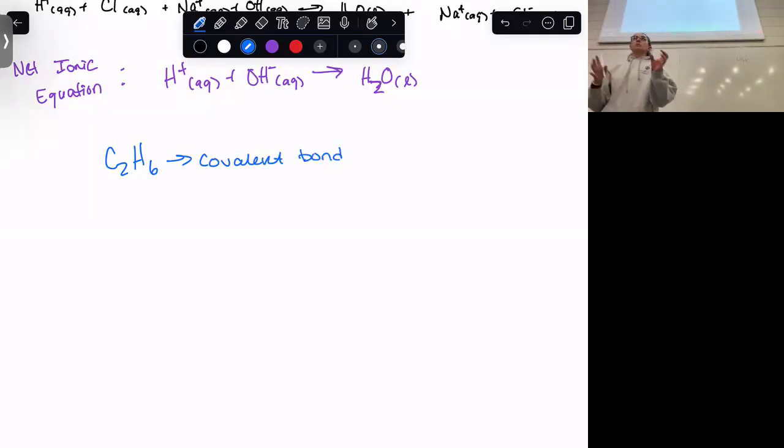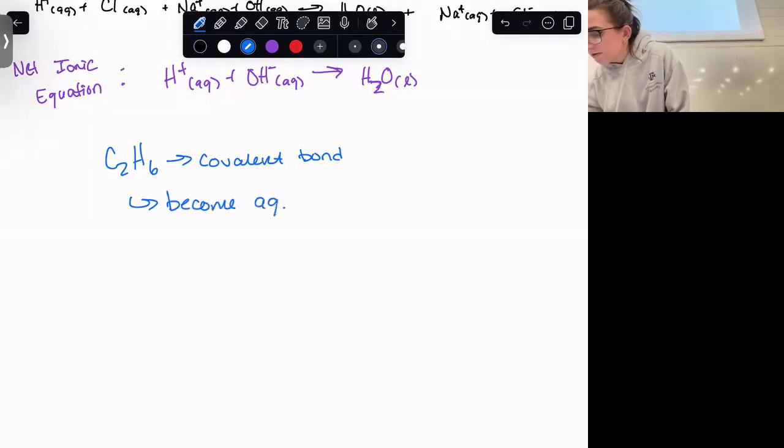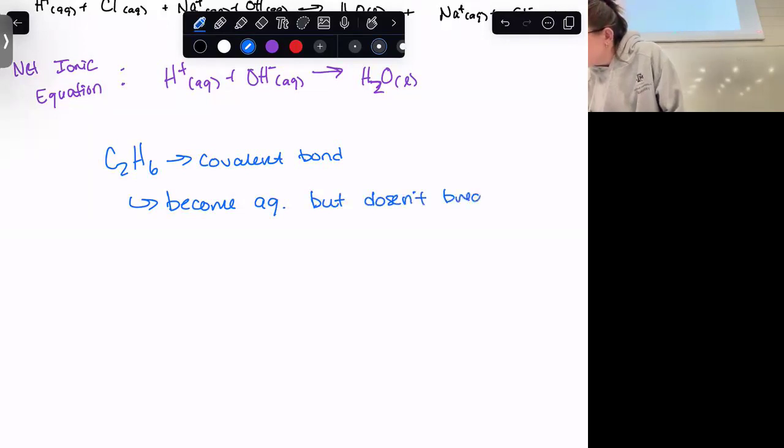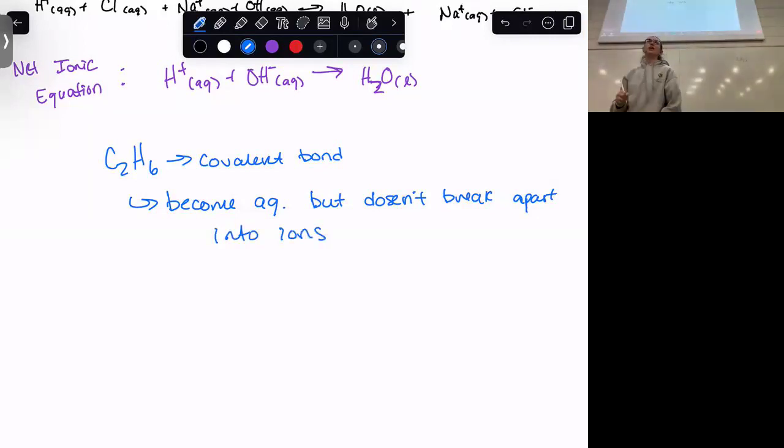If something is being held together through covalent bonding, this can become aqueous, but doesn't break apart into ions. There's no ion that can form from this compound.